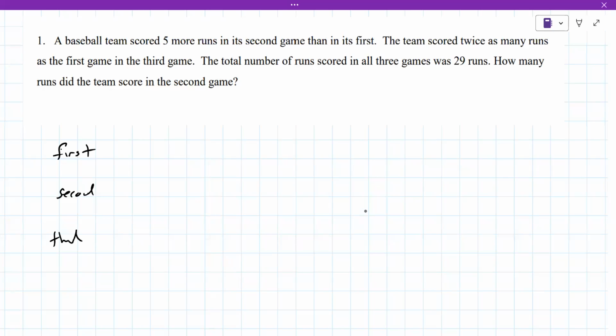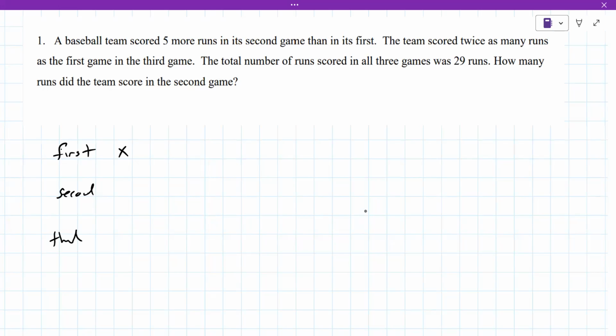One of them will be x. So then one is x. And then.